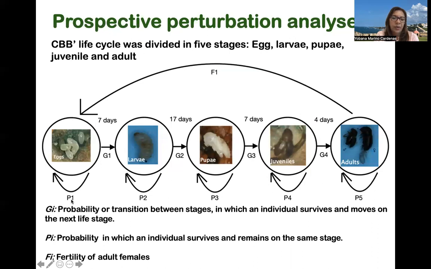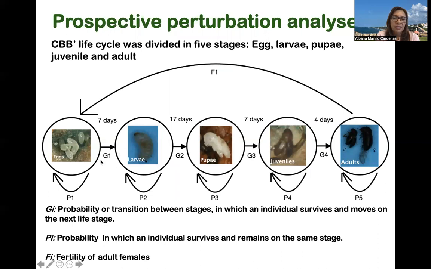To calculate the probabilities GA, that was the probability of transition between stages in which an individual survives and moves on to the next life stage, for example, we counted the number of larvae present at 14 days after infestation and the number of eggs present at 7 days after infestation.